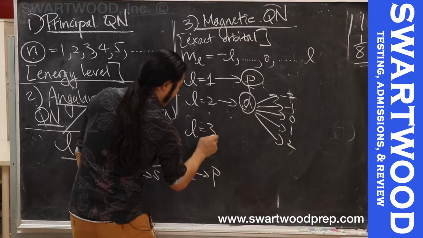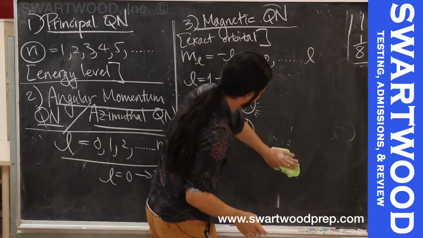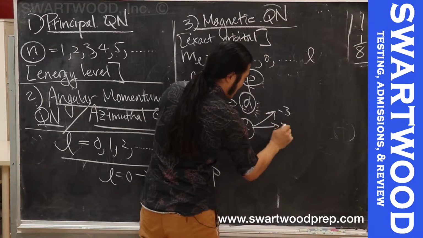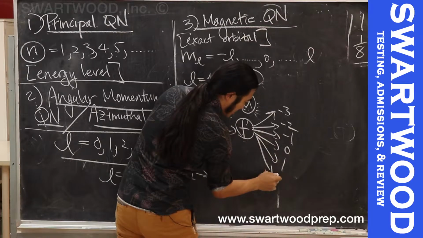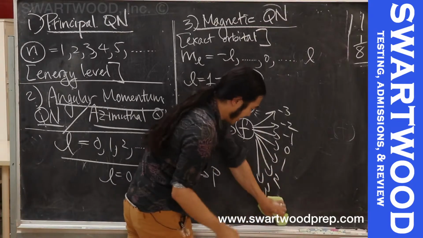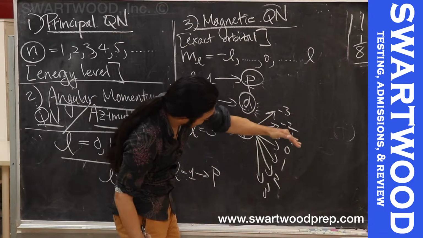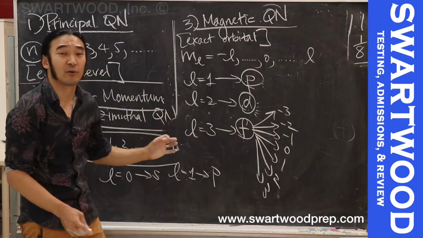And for L equal to 3, let's just complete it. You have an f orbital. But again, if we just follow the formula, it's going to be -3, -2, -1, 0, 1, 2, and 3. I don't know if it really counts as a formula, but you get what I mean. Okay? But again, we have 1, 2, 3, 4, 5, 6, 7 names. Therefore, we must have 7 f orbitals available.